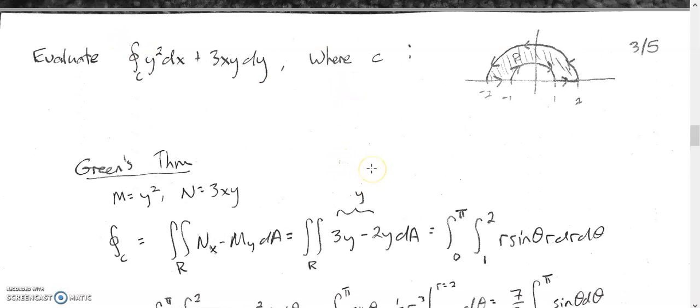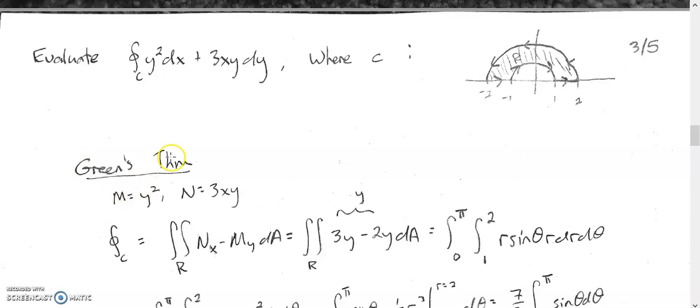So first thing I'm going to do is find the appropriate partials. This to me screams Green's theorem because it would be really easy to define this region in polar. I would go 0 to pi on my thetas and then 1 to 2. If that's something that I can do, I'm typically going to try Green's theorem.